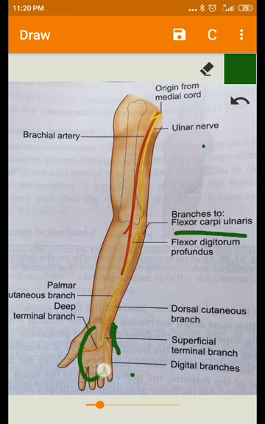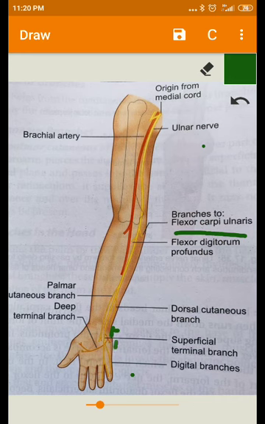This is the palmar aspect. It reaches the dorsal side of the hand. Okay. So after giving out some cutaneous branches at the wrist, it terminates in 3 dorsal digital branches.